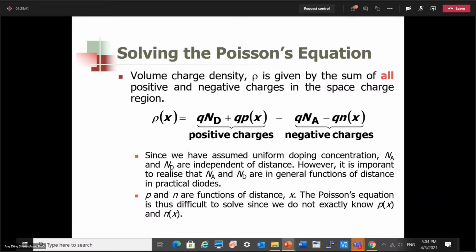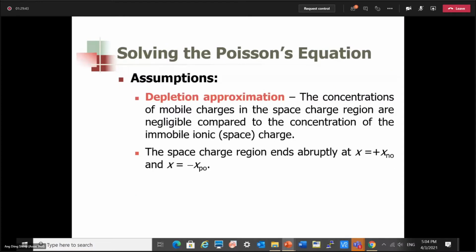To overcome this problem, we have to apply an approximation, which we call the depletion approximation. So what is the depletion approximation? Essentially, we treat the concentration of mobile charges in the space charge region to be negligible compared to the concentration of the immobile ionic charge.